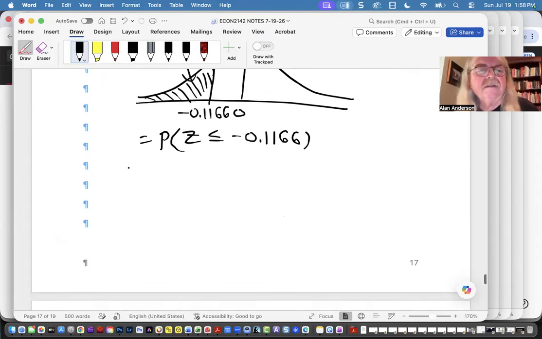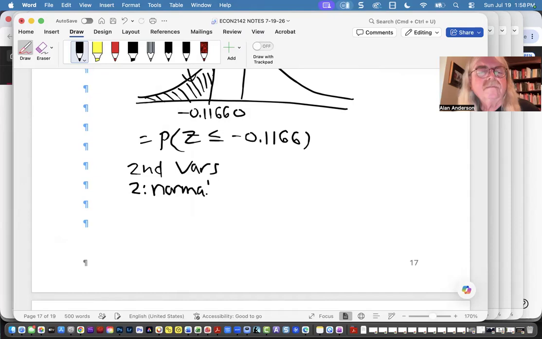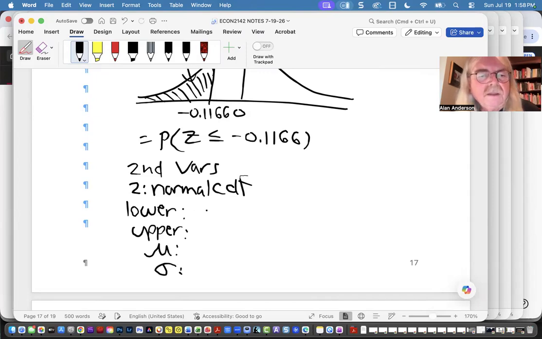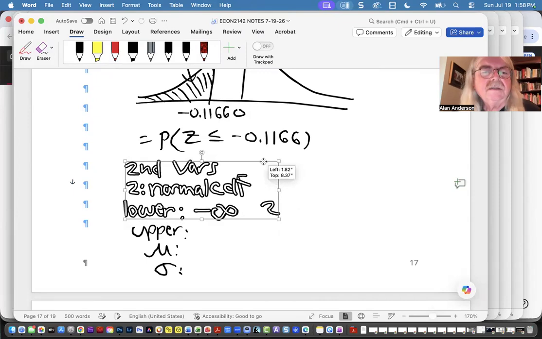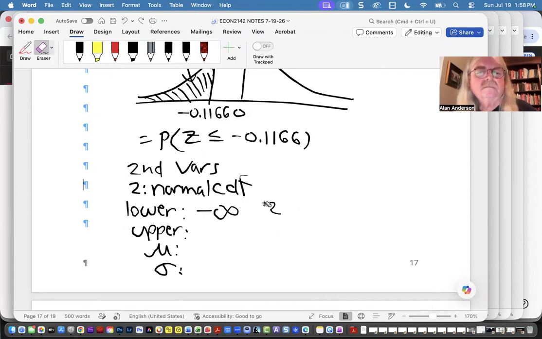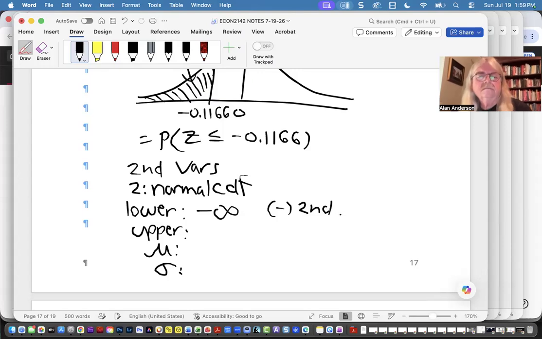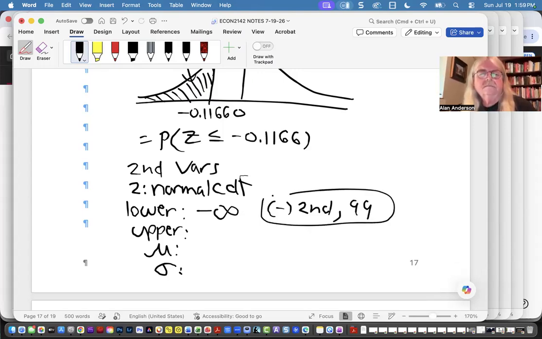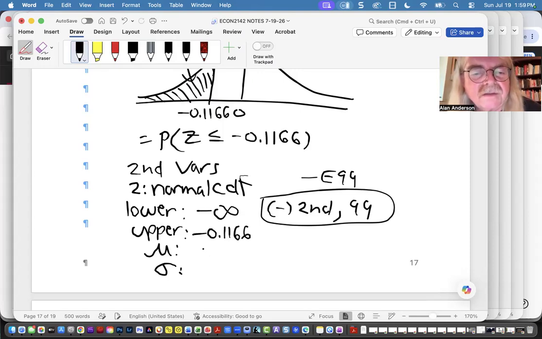All right, so we go to the calculator again. Upper is the negative 0.1166.